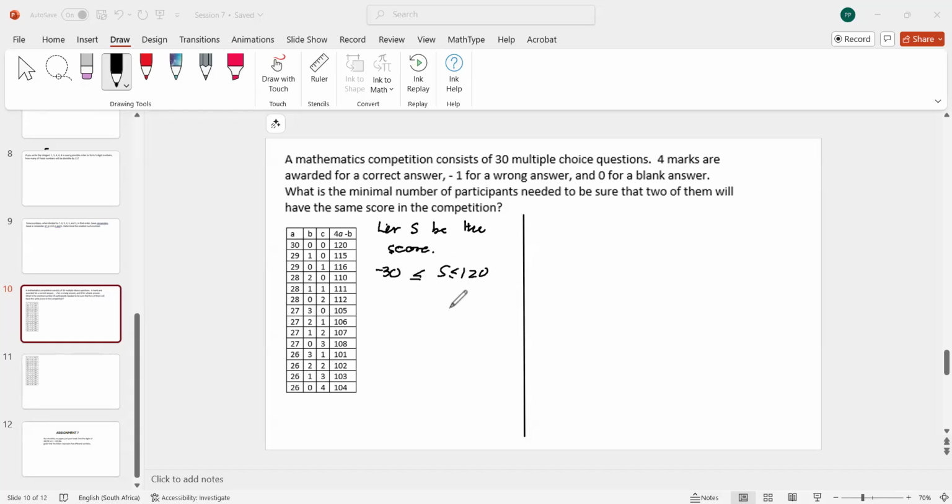So in other words, the possibilities for S are minus 30, minus 29, all the way, including 0 and going up to 120.